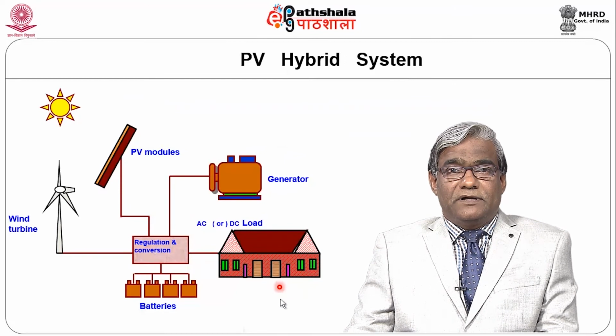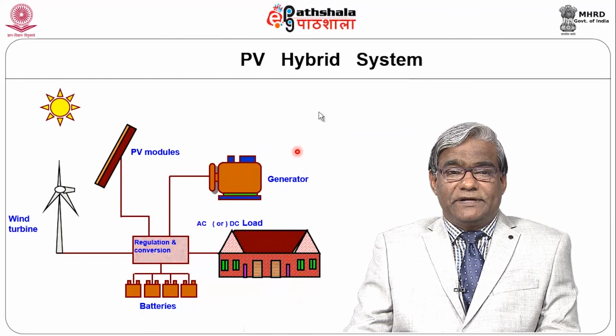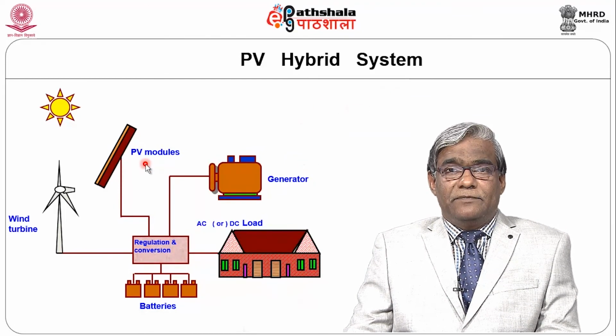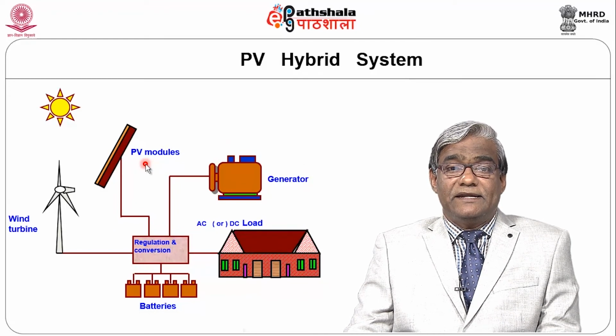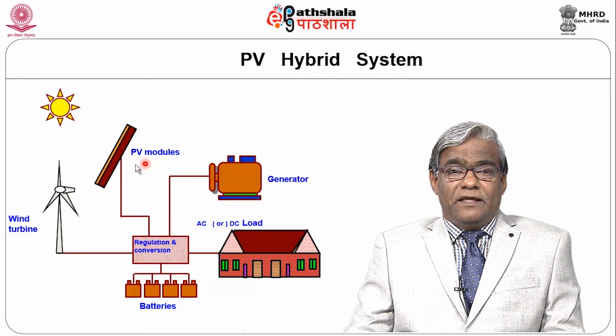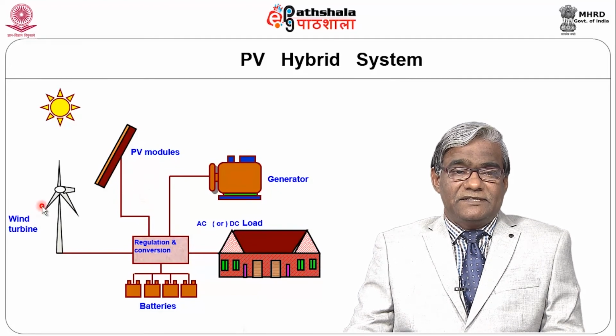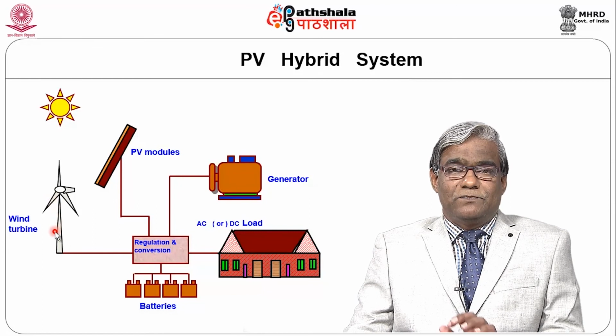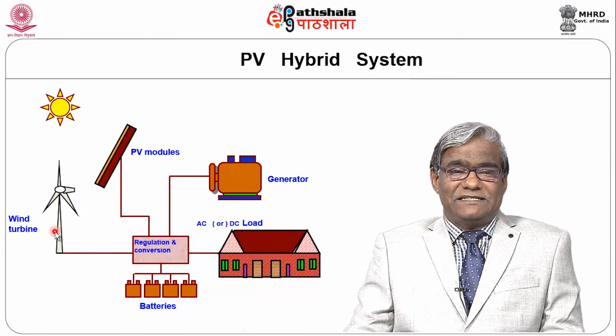And this is about the solar photovoltaic hybrid system. We get solar light only in the daytime, not at night time, and that is why, along with the solar PV panel, a small capacity wind turbine is also adopted nearby.